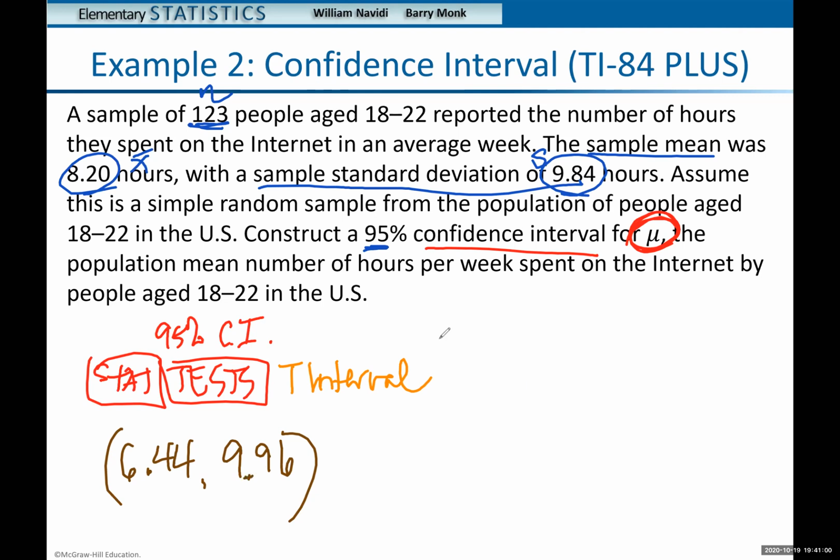All right, then don't forget your interpretation. How do you interpret this? Anyone who wants to say it?